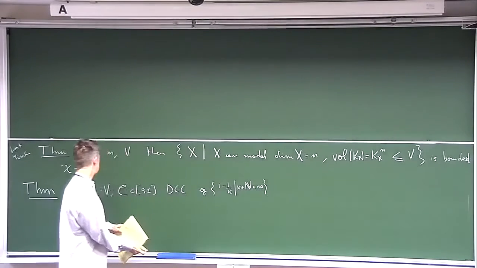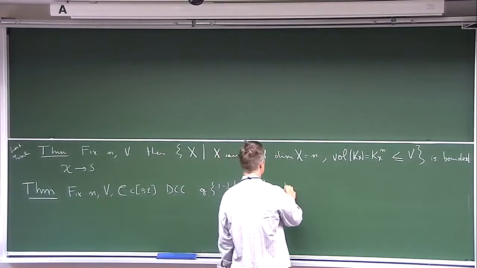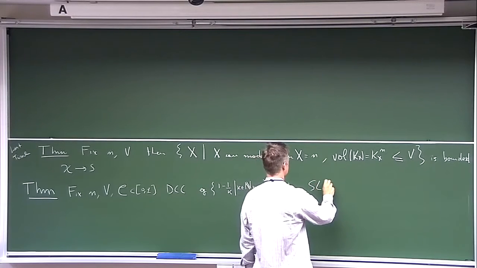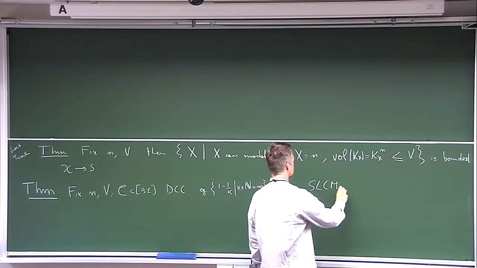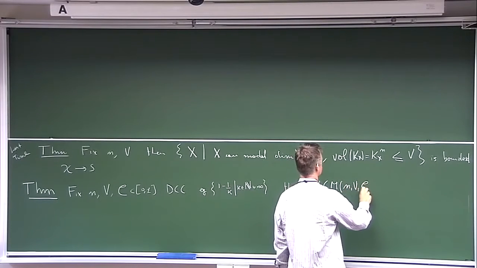Okay, so we fix these three, and we consider the set, let's call it SLCM for semi-log canonical models, which depends on the dimension, the volume, and the coefficient set.